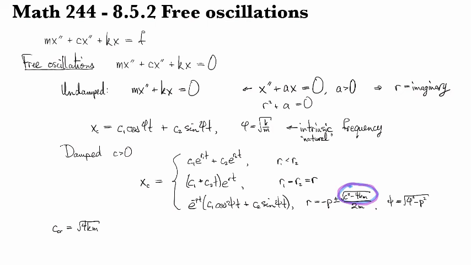If c is strictly bigger than the critical value for damping, then this is called overdamped, and this is when you have two distinct real roots.